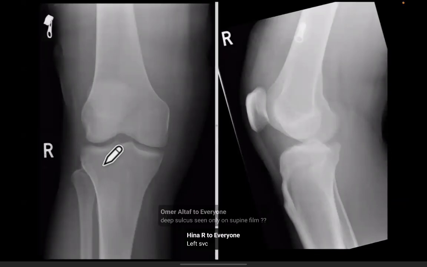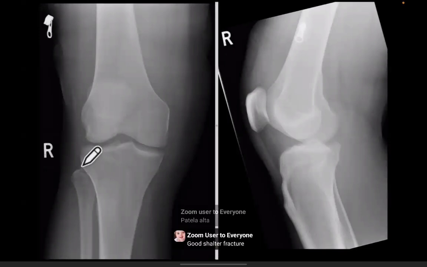Okay, skiing injury. Osteochondral fracture.